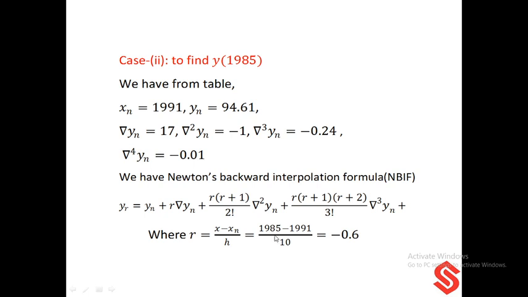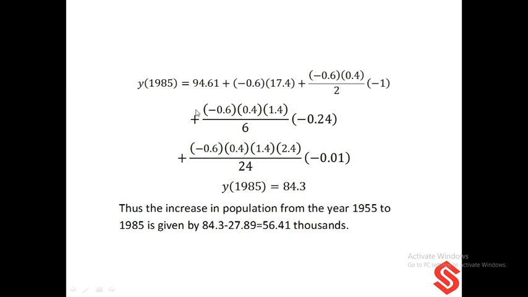Here x is 1985, xn is 1991, h is 10, so we'll get r is equal to minus 0.6. So now we substitute the value of r and the leading backward differences in Newton's backward interpolation formula, and on simplification we get y at 1985 is 84.3.